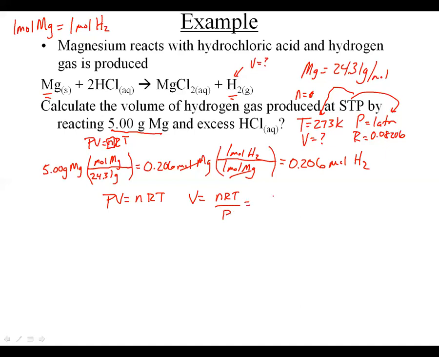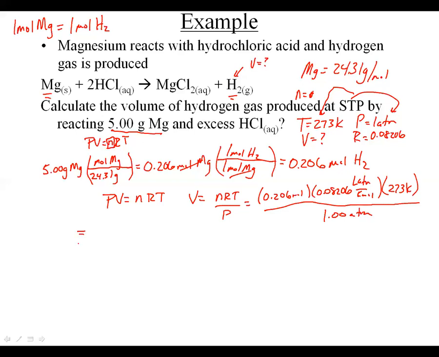And we would plug in our moles, our gas constant, our temperature, which again is 273 because we're at STP, and our pressure, which would also be 1 atmosphere because we're at STP. Everything is going to cancel out here except for liters, which is good because we're looking for a volume.